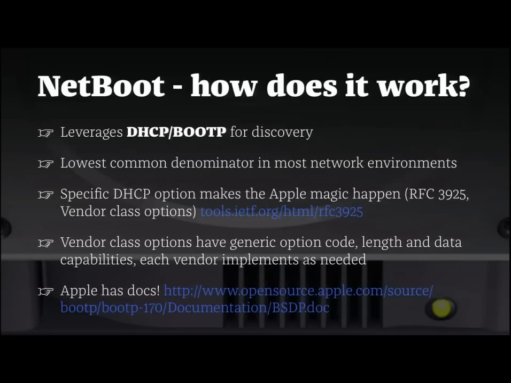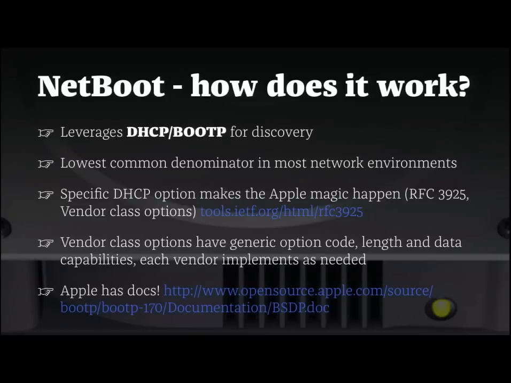If that doesn't work on your network, you've got some things to figure out. It basically uses DHCP and specific options that are plentiful to hitchhike on a standard DHCP packet and say, hey, I'm a Mac, I would like the NetBoot, who's listening? And it uses DHCP broadcast to do it. So anyone who's listening, kindly reply.